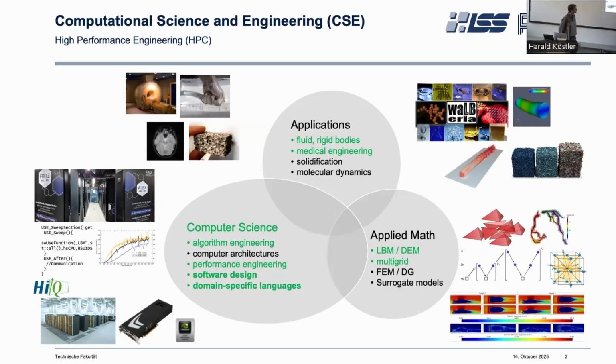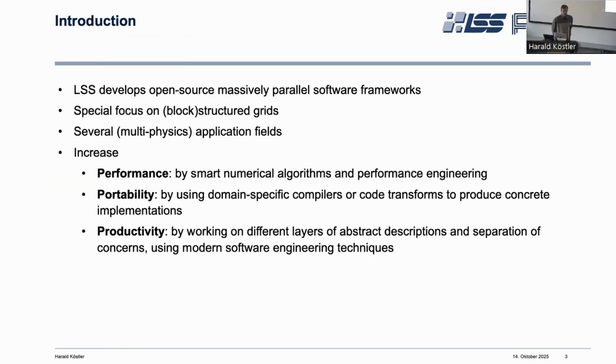And especially today, I will talk about what we do in the software design and also optimization area, and specifically code generation. So this is, of course, a very specific area that we are tackling. And that means I have to set kind of the ground.